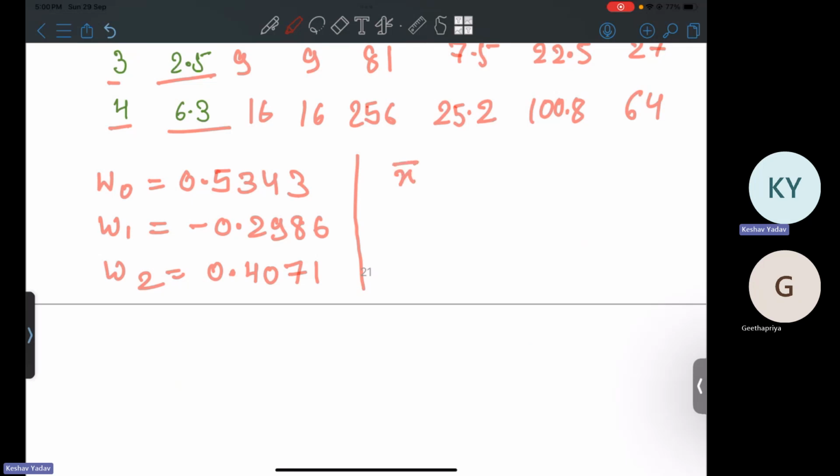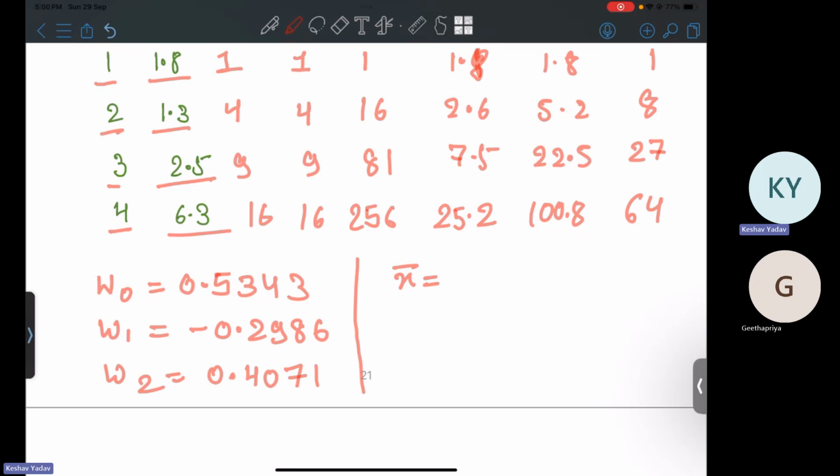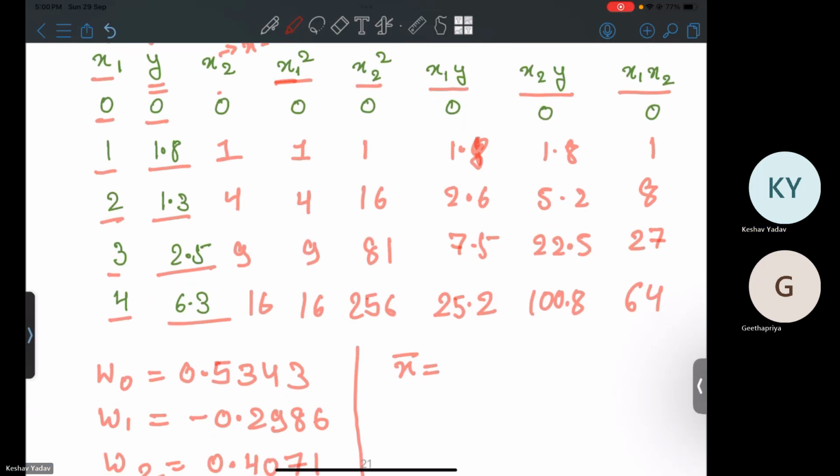So you tell me here the x bar value. What will the x bar value we will get here? Sorry, x1 bar. X1 bar will be equal to 1 plus 2 plus 3 plus 4 divided by, how much data is there, 5 points, right?